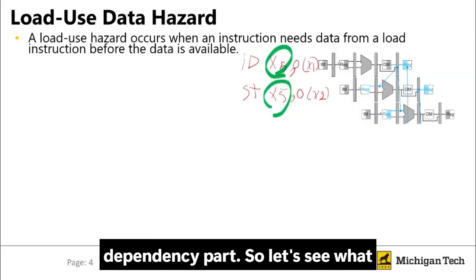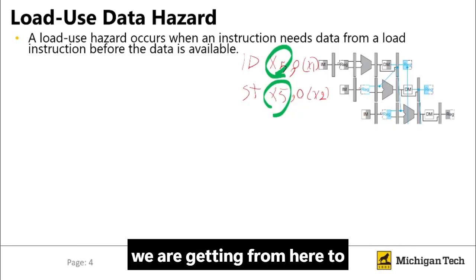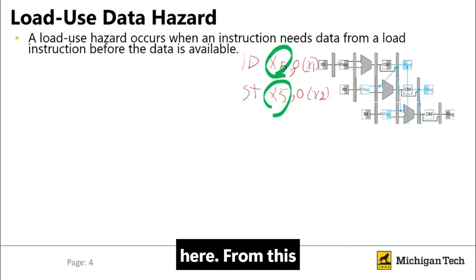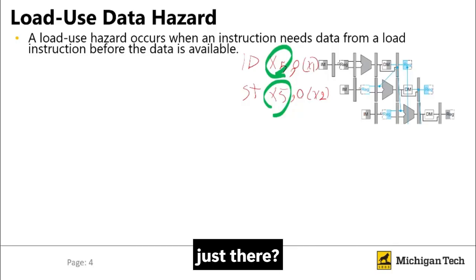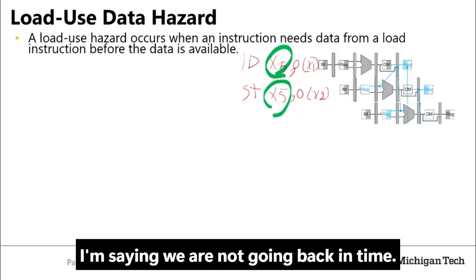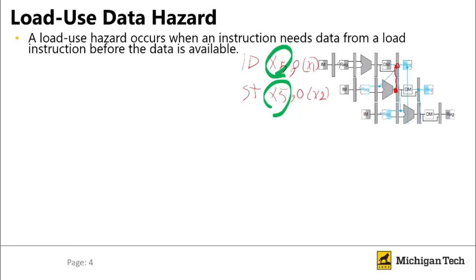So let's see what's happening. What I'm saying is we are getting from here to here, from this to this. Is it possible? This is just there. I'm saying we are not going back in time. We are getting from here to here.